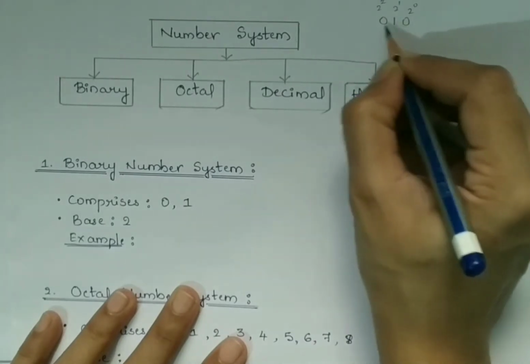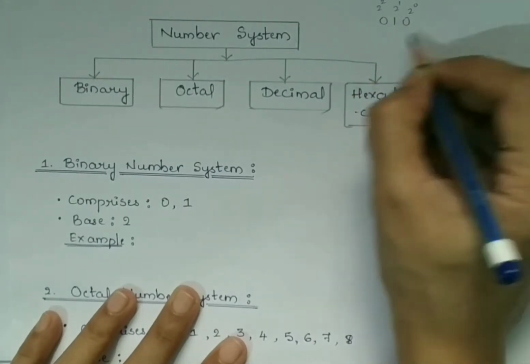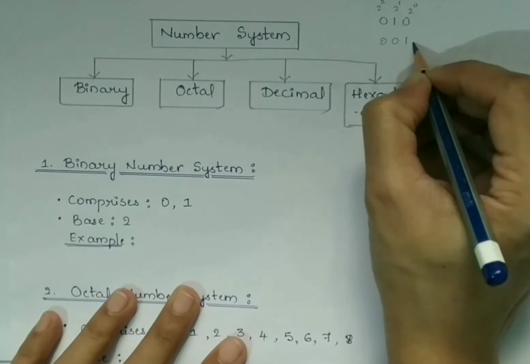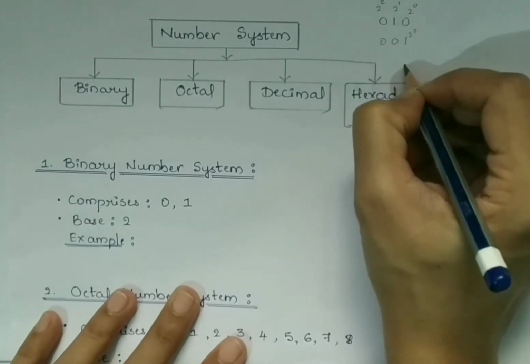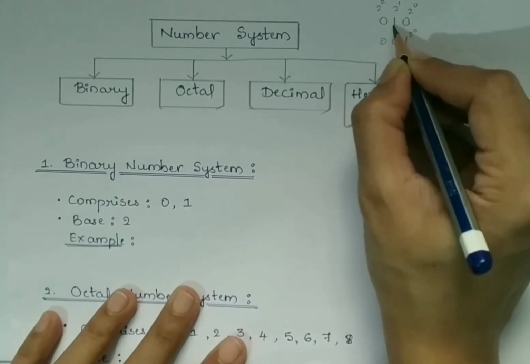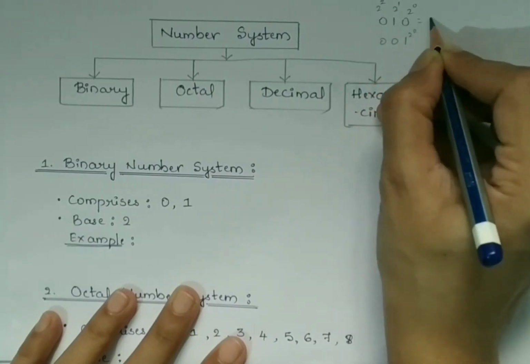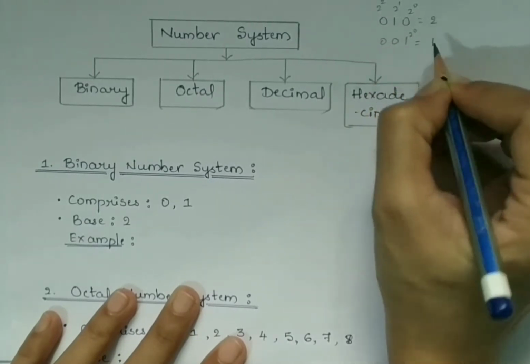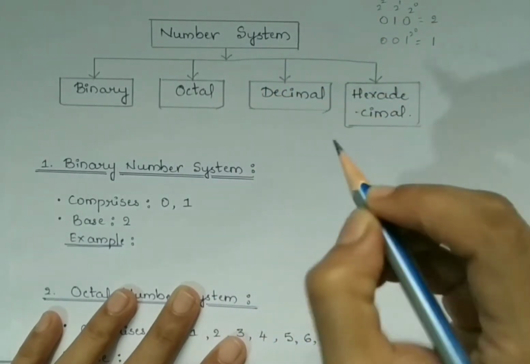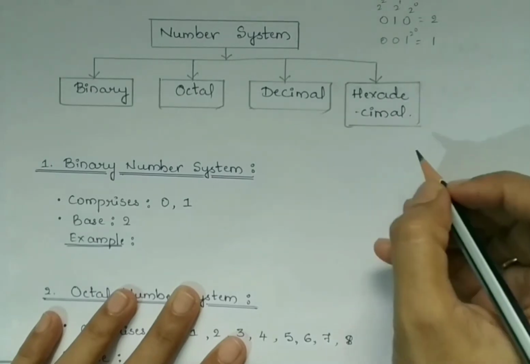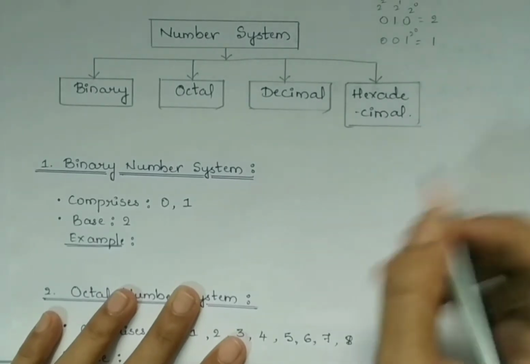If I give 1 here, it will be 1. Then if I give 1 here, its value is 2. So the value of each digit depends upon its position.